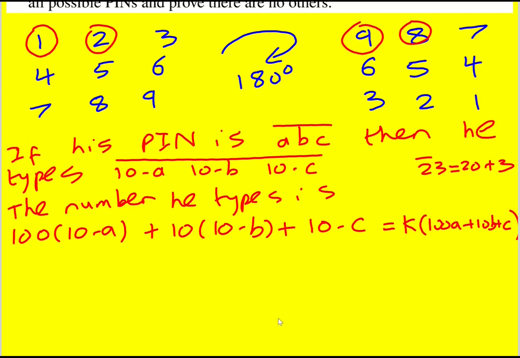So we're going to consider different values of K, but first of all, let's just play around with this. Let's multiply it out.